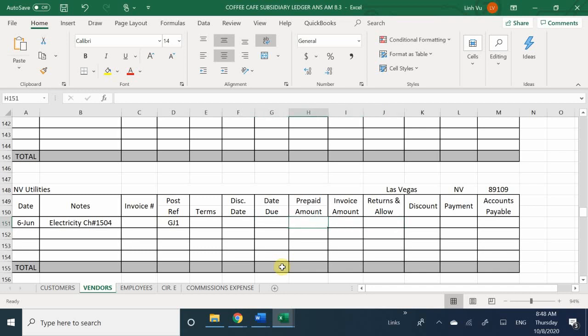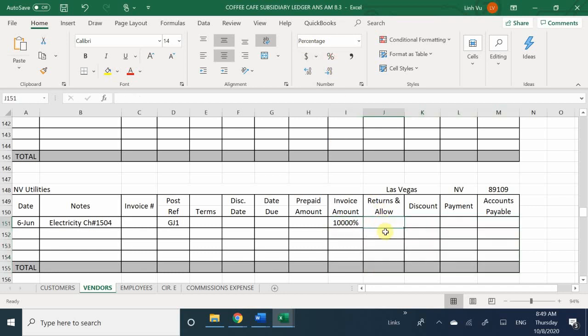Is there an advance payment? No, of course, you did not pay in advance for the item that you purchased or for the payment of the deposit of utilities. So your invoice amount is going to be $100. All right. And did we make any returns and allowances? Not yet.